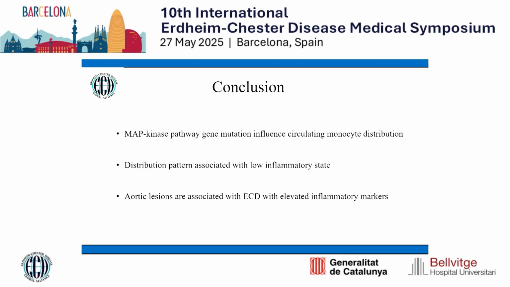So to conclude, I would say that MAPK-kinase gene mutation influences the distribution of the circulating monocyte. The distribution is associated with a low inflammatory state, and the aortic lesions are associated with ECD and elevated inflammatory marker.